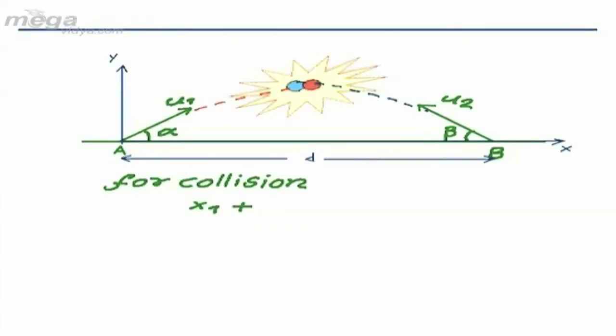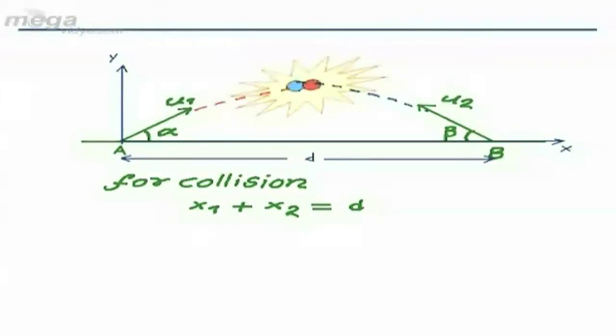If x1 is the x displacement of projectile 1 from the point of projection and x2 is the x position of projectile number 2 from its own point of projection, then x1 plus x2 must be equal to the initial distance between the two projectiles.